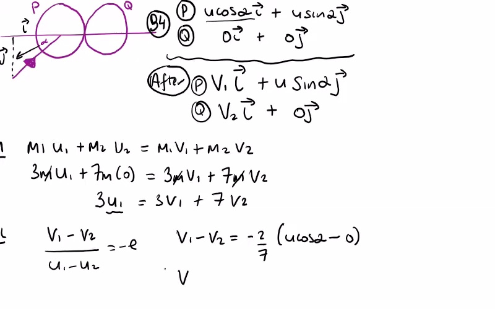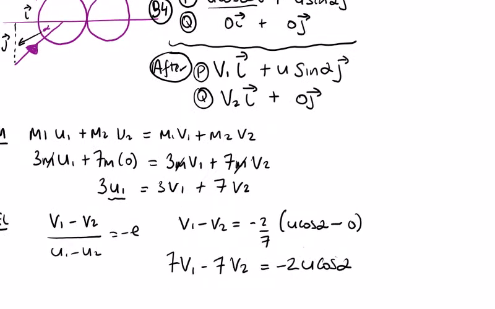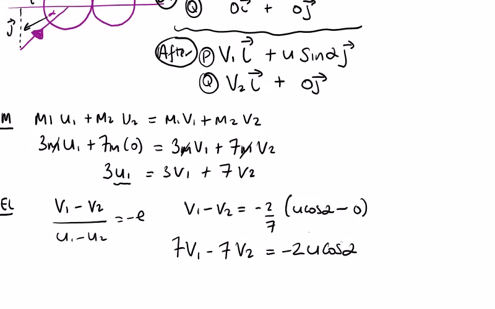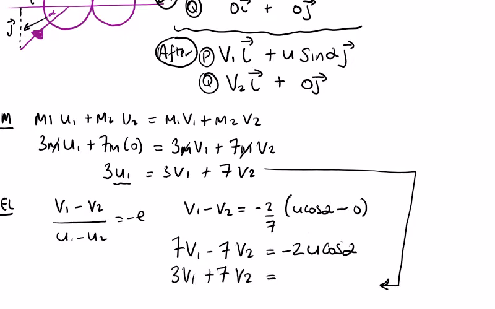So I get 7v1 minus 7v2 is equal to minus 2u cos alpha. And I have a 7v2 here. So 3v1 plus 7v2 is equal to 3u cos alpha.